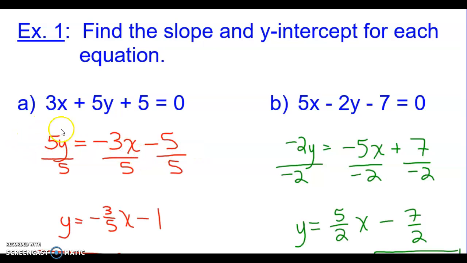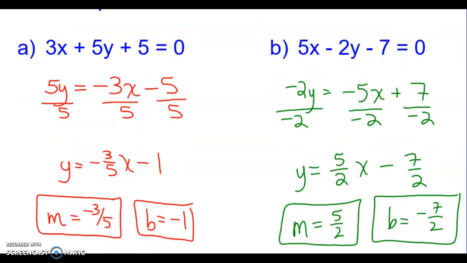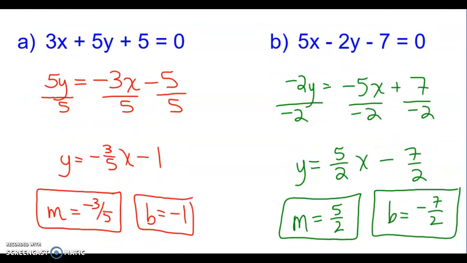I need to get rid of this 5, so everything gets divided by 5, and we're left with y equals negative 3/5 x minus 1. So my slope is negative 3 over 5, and my y-intercept is negative 1.